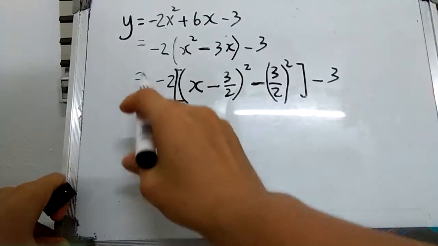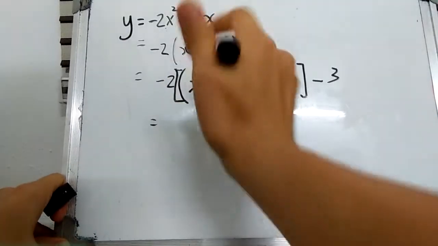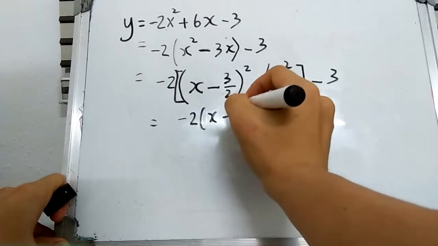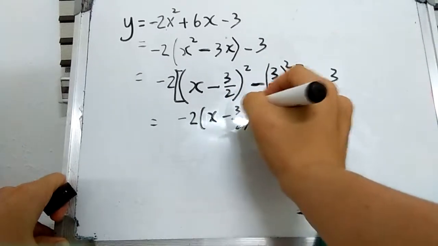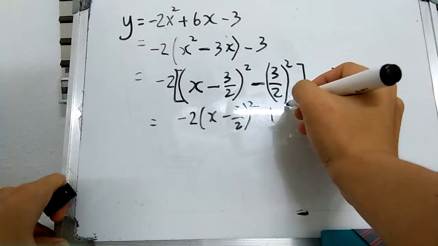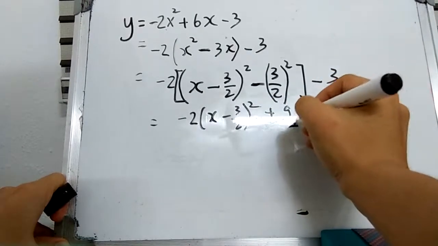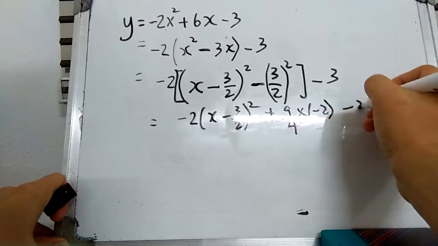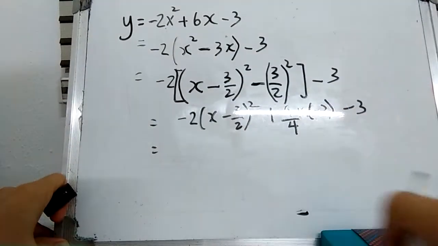The next step is you use this negative 2 to multiply the individual brackets, minus 2 times minus 3.